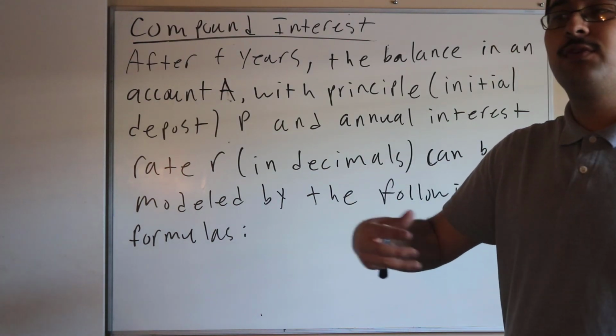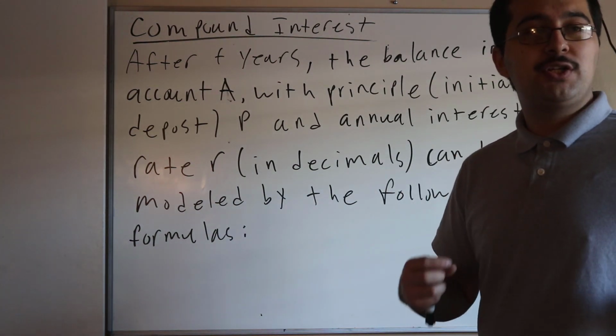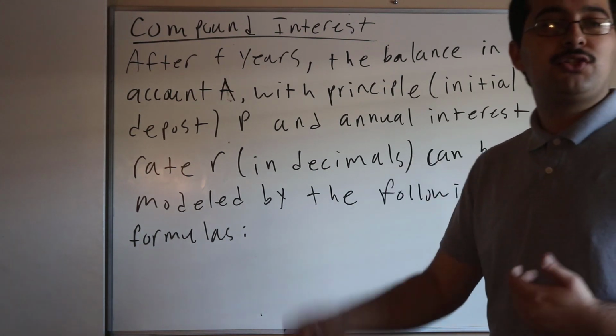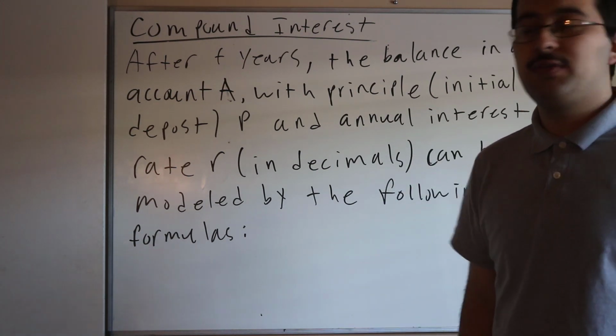What we're going to do for today's lecture is present two different functions. Depending on your scenario, you would use one or the other, and they would model this idea of compound interest.